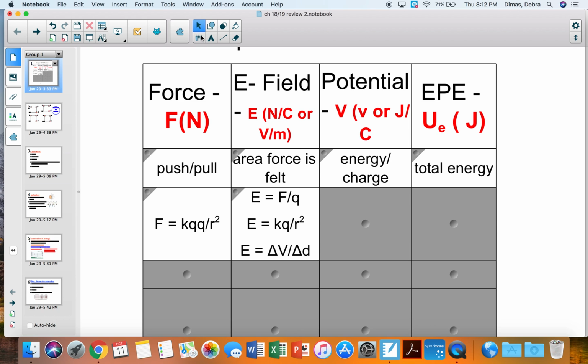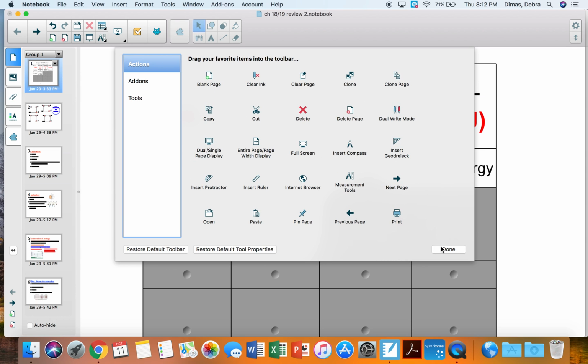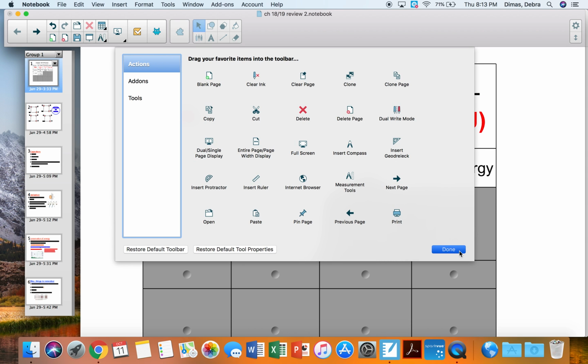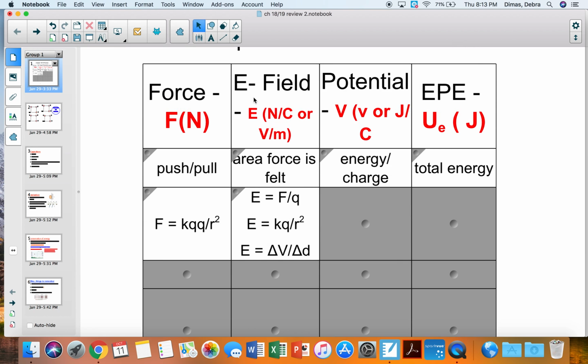There's no issues there. But this one right here is for point charges only. So we only use that one for point charges. So let's put a little note there.